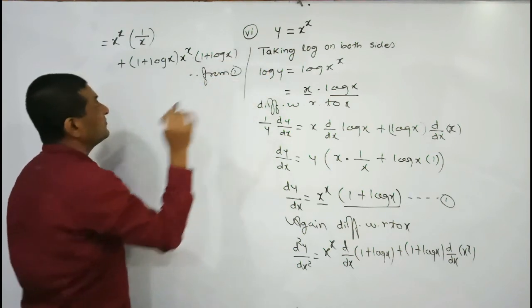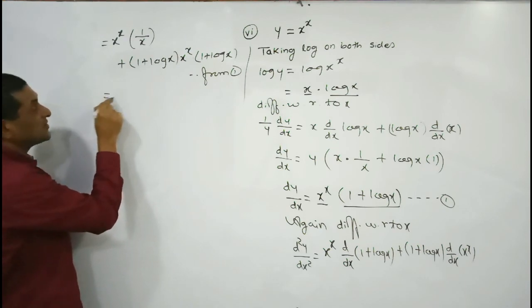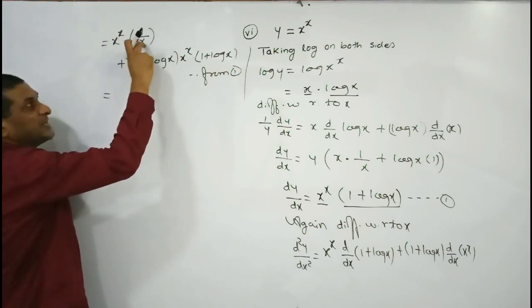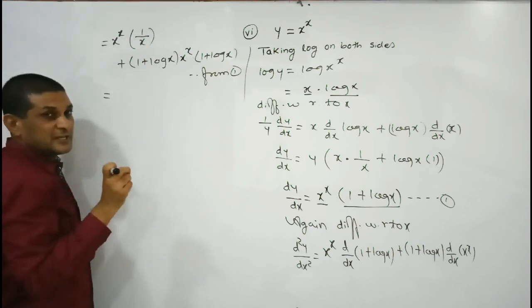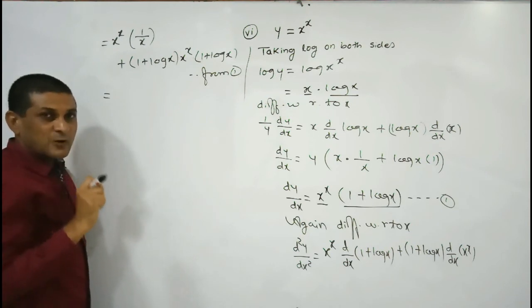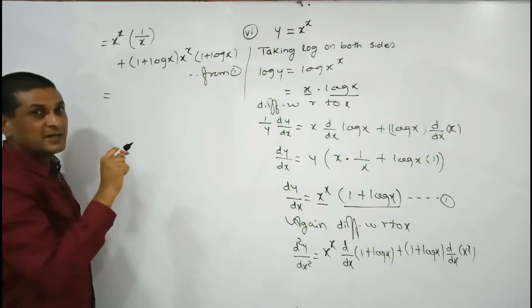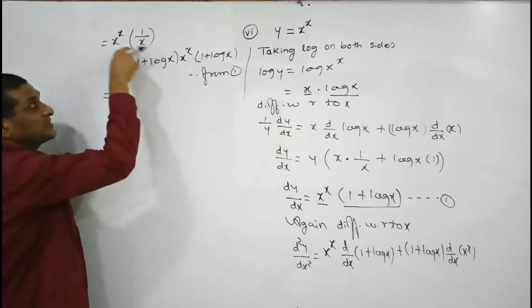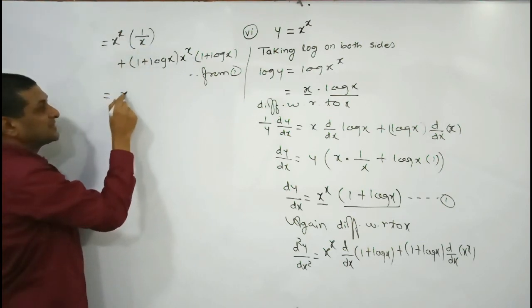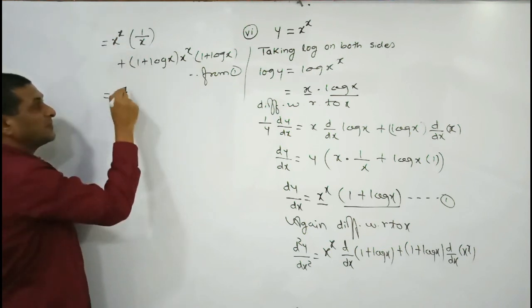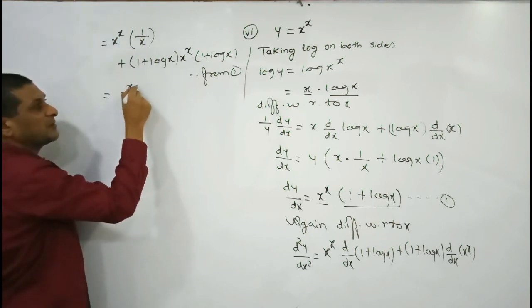From equation number first. Here we can observe that the bases are the same. In case the bases are the same, then according to the laws of exponents, we subtract the powers in division. Here division is there, and the base is the same. What is the base? x. Here its power is x, and here nothing is in the power, means 1 is there.